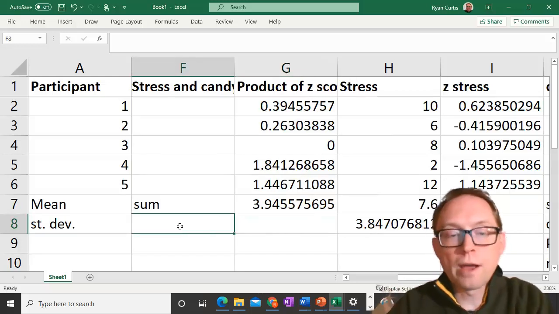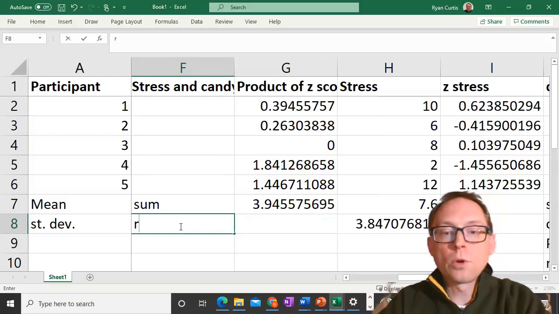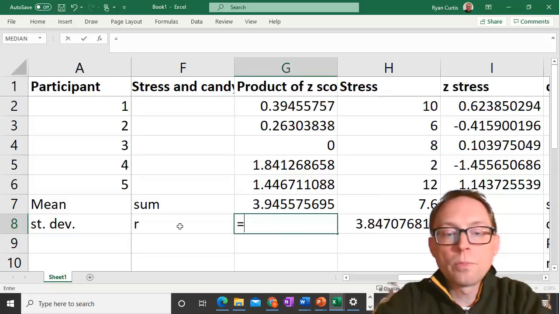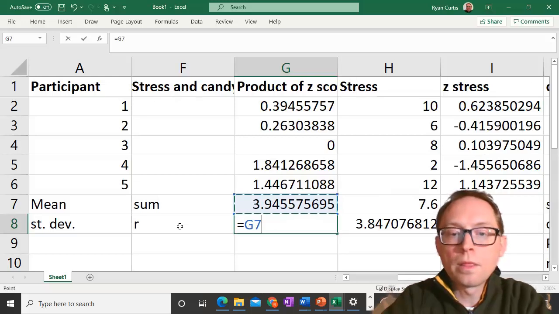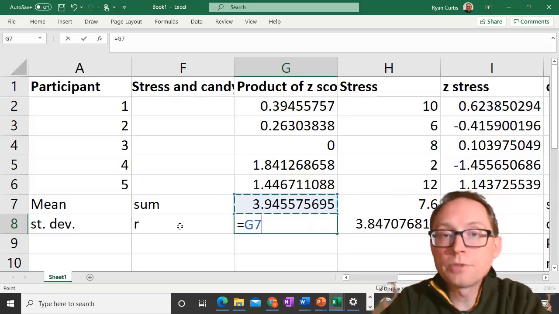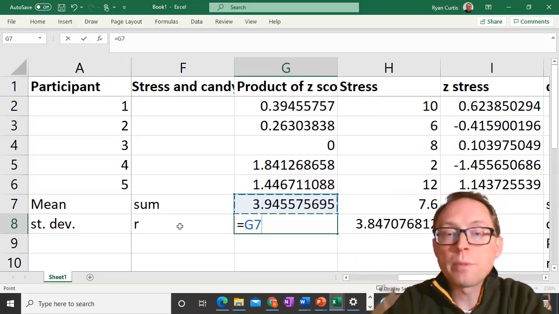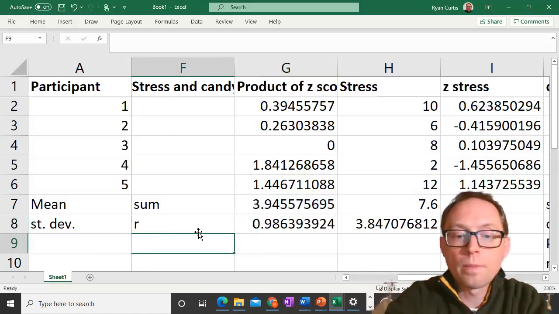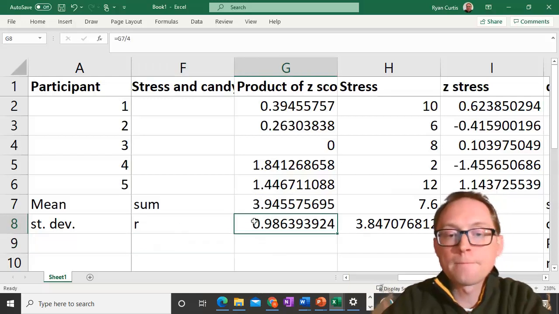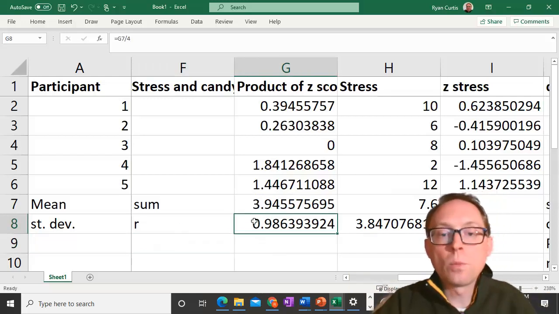In order for us to find Pearson's R, we take that number. That's the sum of the product of z-scores. We took all the z-scores, we multiplied them by each other, then we add them up. We divide this by n minus 1. N is 5, n minus 1 is 4. And we get 0.98639.